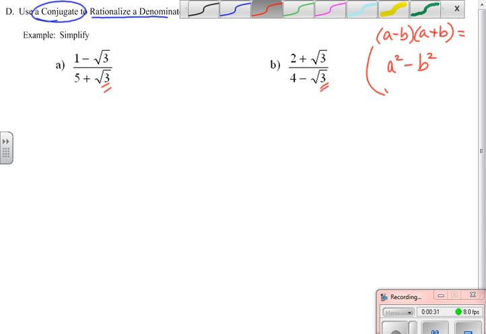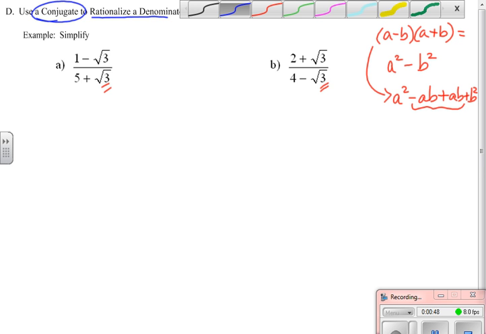And if you FOIL it out, you can see that that is exactly what happens because that outside and that inside disappear. And that, by squaring, we get rid of our radicals and we can move forward with good math grammar.